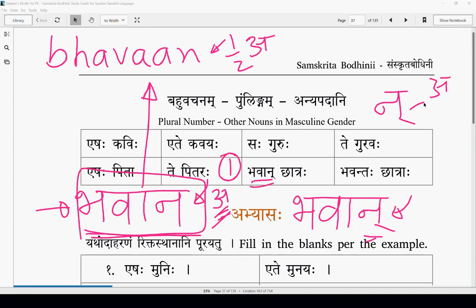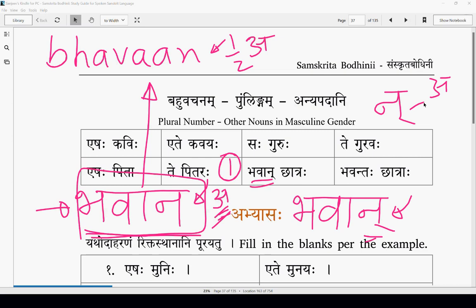Anunasika, and nose. Not only nose, what else? Danta. So this na is danta and anunasika, it is nasika also. So it's anunasika because danta and nose both are involved.